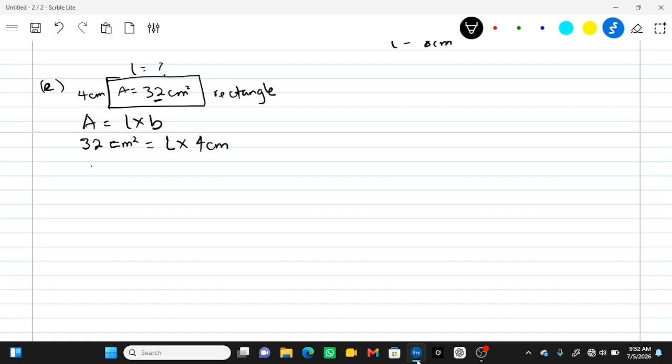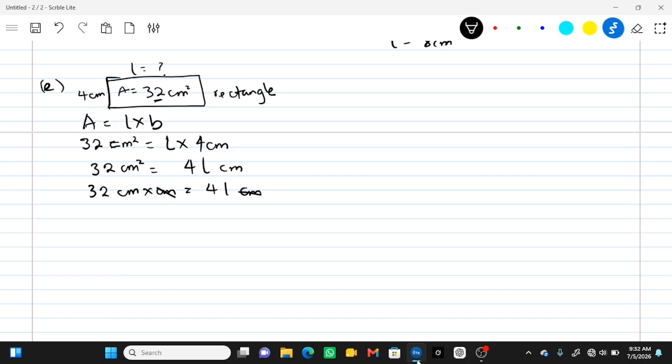So that gives 32 centimeters squared is equal to L times 4 centimeters. So if I divide by, so obviously 32 centimeter times centimeter equals L times 4 centimeters.